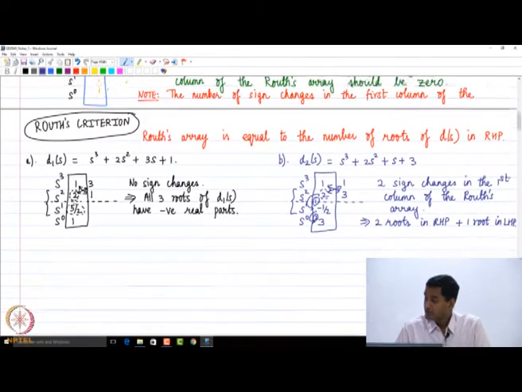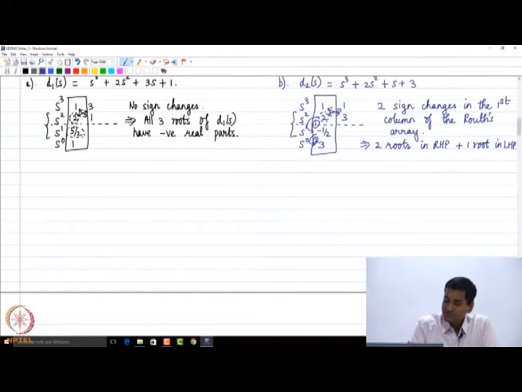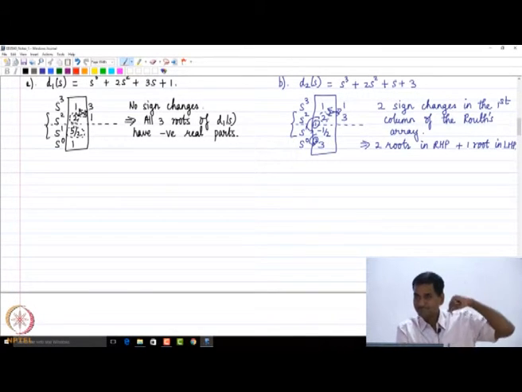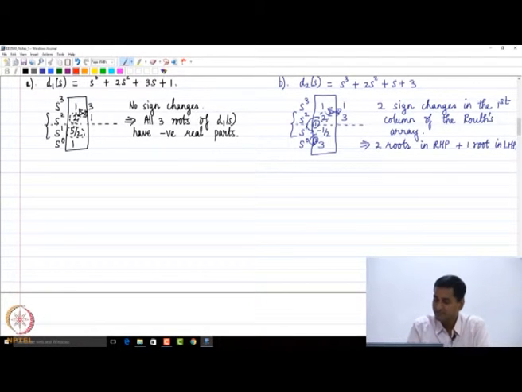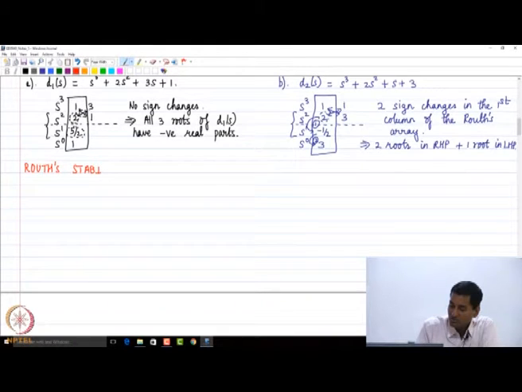Let me write down the general Routh stability criteria, then we will go back to the example that we were doing last class and complete it. Whatever we have been discussing till now applies to any polynomial.